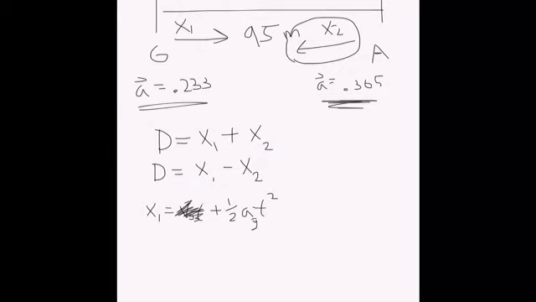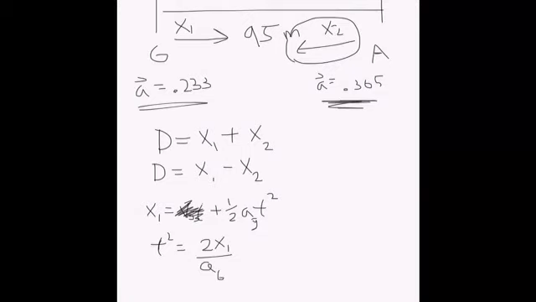So x1 is just equal to 1/2 George's acceleration times t squared, right? So we're going to solve for t squared. So t squared is equal to 2x1 over the acceleration from George, right?